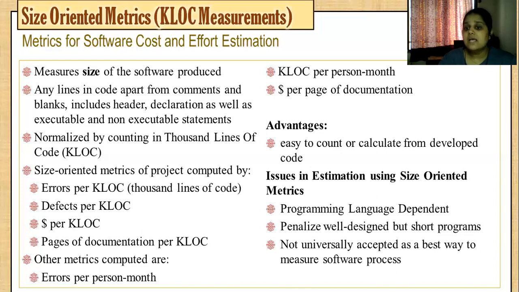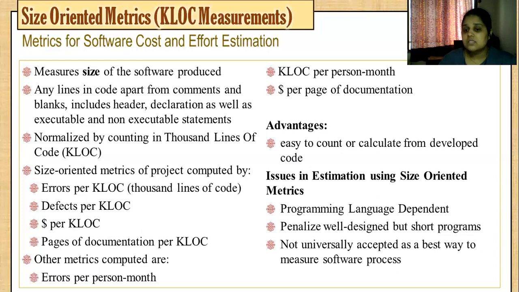Okay, then it will penalize well designed but short programs. Penalize means it is not going to benefit a well designed program, because if you have a very well designed program, then your lines of code will be short. If you have fewer lines of code, you have to decrease your cost. And if you are using a procedure oriented language like C, then the same thing is going to require more lines.